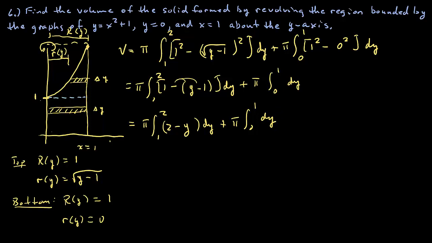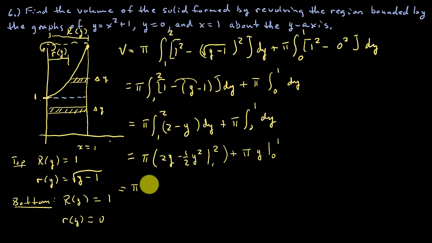All right, so let's integrate this. I get pi times 2y minus 1/2 y squared from 1 to 2, plus pi times y from 0 to 1.